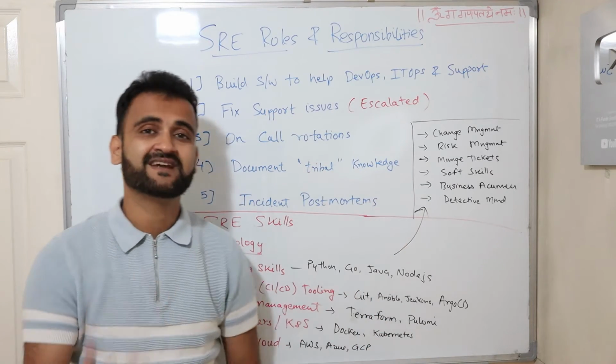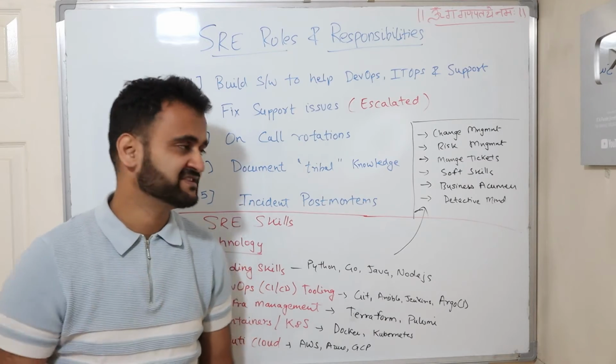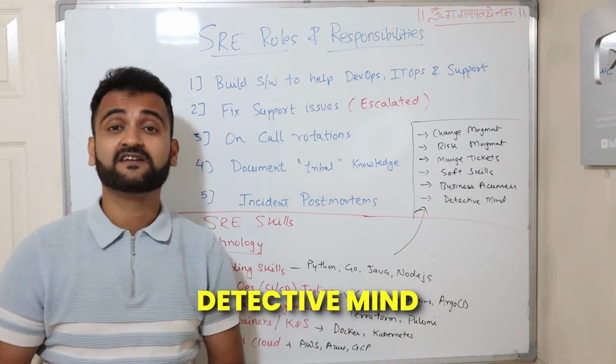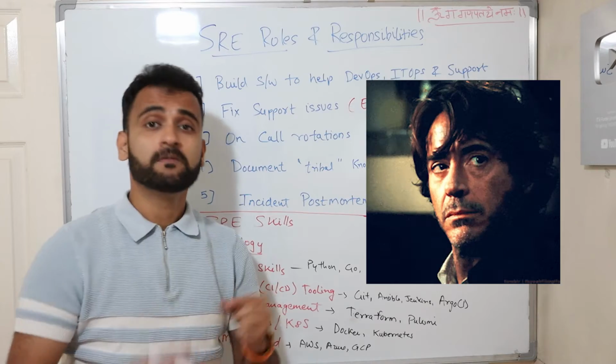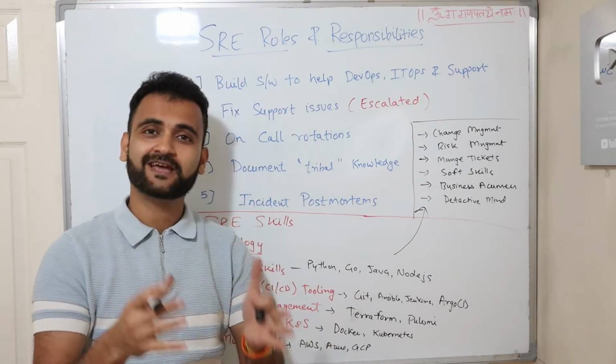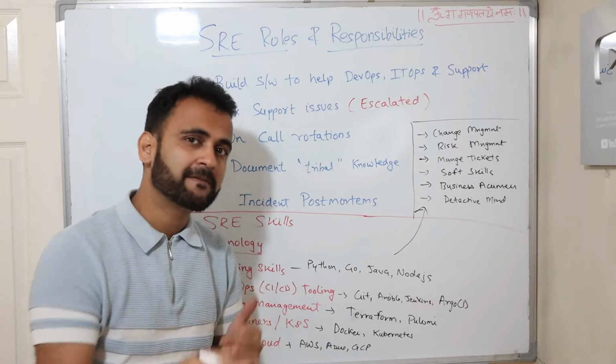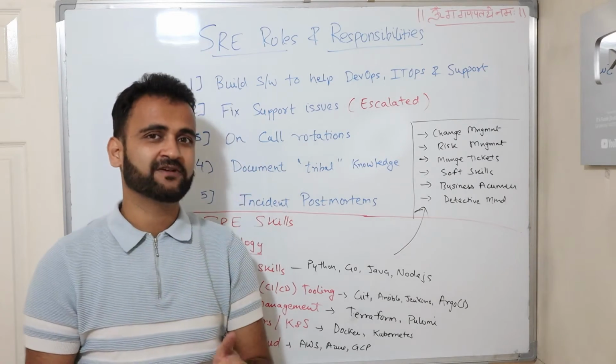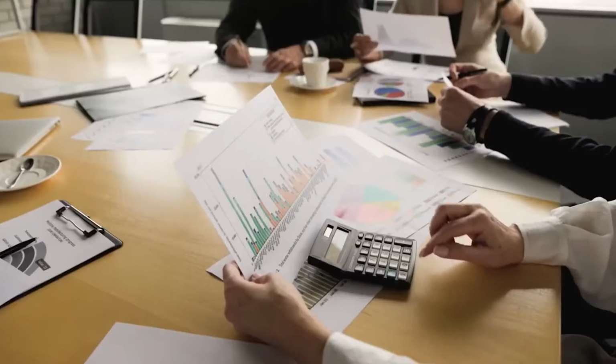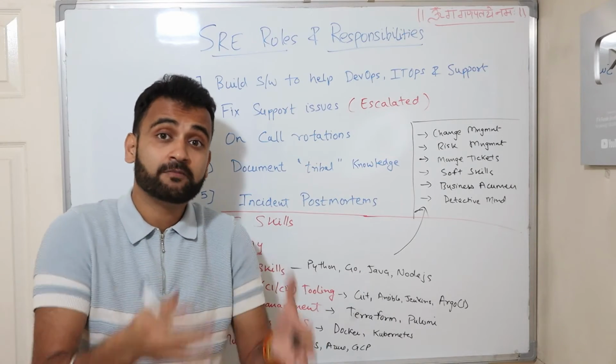So they need to understand business domain and they need to have business acumen. They have to have a detective mind, not like Sherlock Holmes, but to an extent, if they can understand a problem and then if they can go step by step to the root cause of it, that kind of a detective mind, analytical mind, or problem solving mind helps a lot.